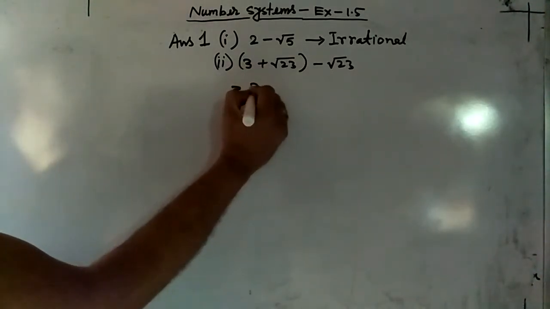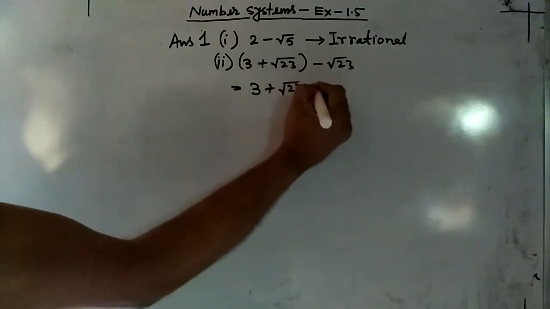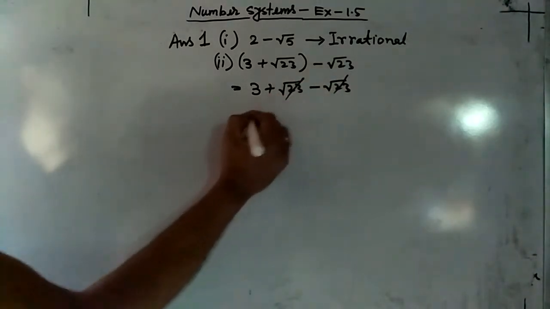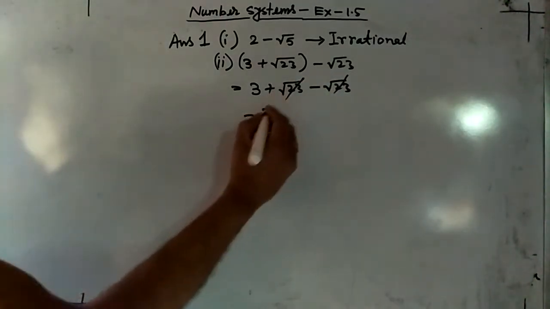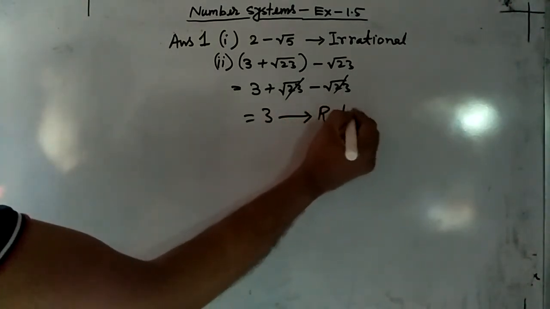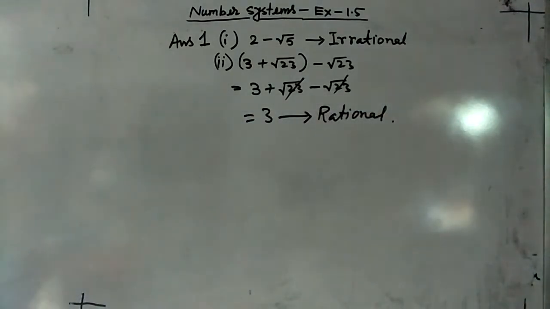So if we simplify 3 plus root 23 minus root 23. Then root 23 will be cancelled, then we'll get 3. So 3 is rational number, so these can be written as rational, right? So this was the answer of question number 1.